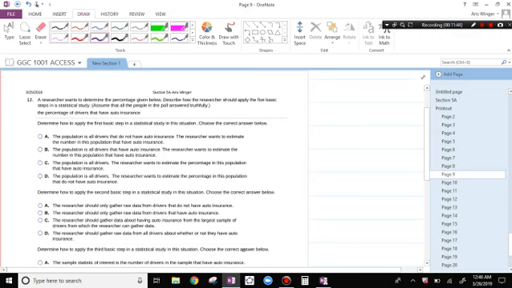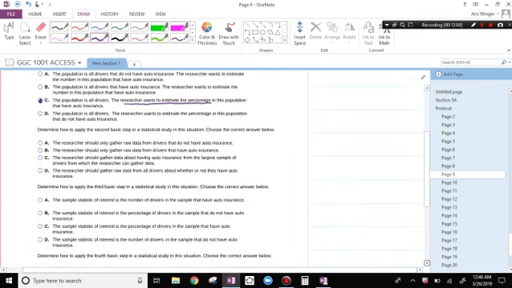A researcher wants to determine the percentage given below. Describe how the researcher should apply the 5 basic steps in a statistical study. Here's the first step. Identify the population and what you want to do. Then you want to gather data from the largest sample of drivers that you can find.